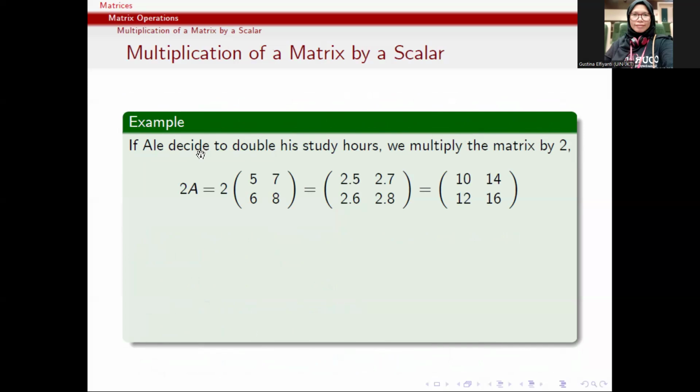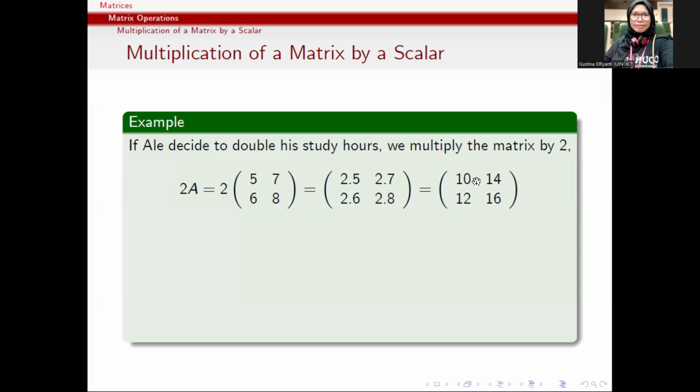If I decide to double his study hours, we multiply the matrix by 2. So we get 2A is 2 times this matrix. So it means 2 times 5 and 2 times 7, 2 times 6, and 2 times 8.